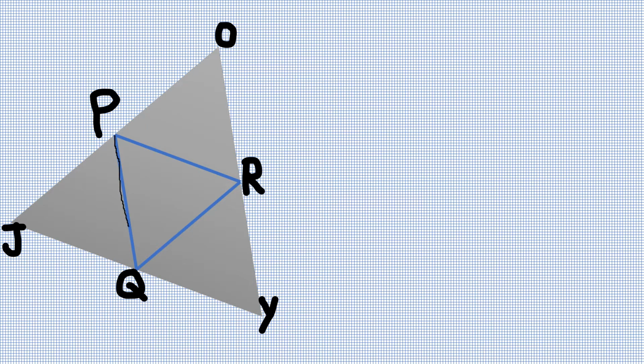Midline PQ is parallel to side OY. So we have PQ equals 1/2 of OY.